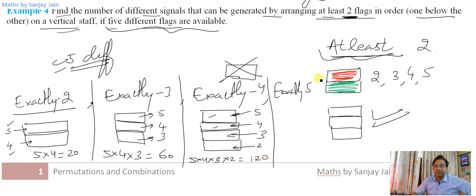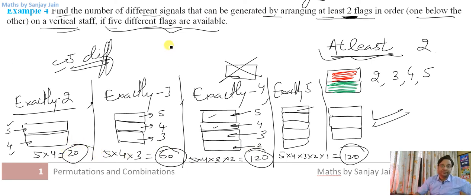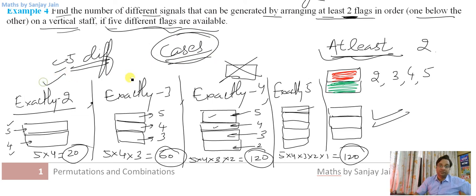Now when you have got exactly 5 flags, you need to place 5 flags like this, one above the other. So the first can be placed in 5 ways, 4 ways, 3 ways, 2 ways, 1 way. So this will also be equal to 120, right? Whenever you form cases, these are different cases: exactly 2, exactly 3, exactly 4, exactly 5.